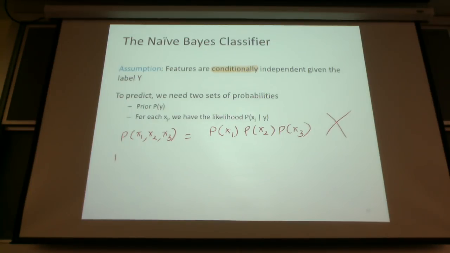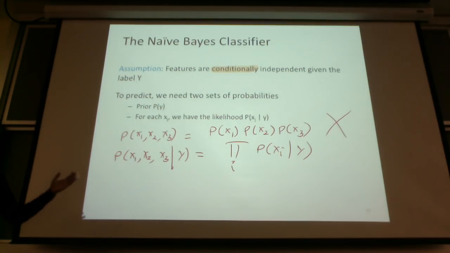What we are assuming is that the probability of x1, x2, x3 conditioned on y is the product of the probabilities of xi conditioned on y. Unconditionally, we are not making any assumptions. There is no assumption that the features are independent of each other. The features are independent of each other, conditioned on knowing the value of y. And this is important. This is a common mistake that people make, and I just wanted to highlight that.